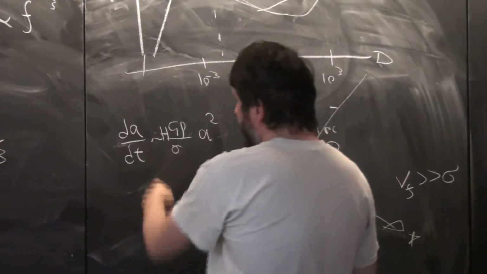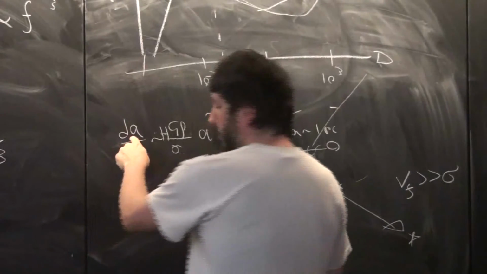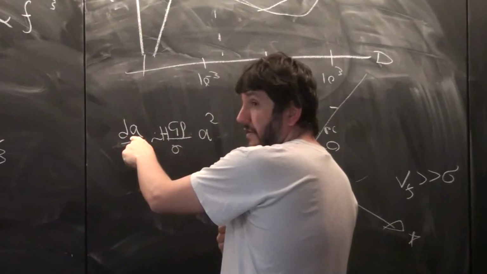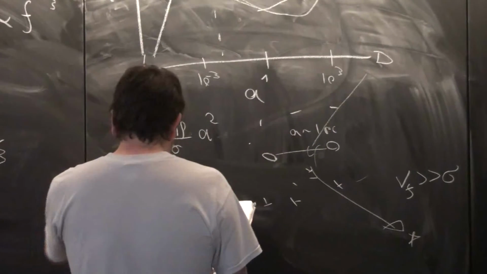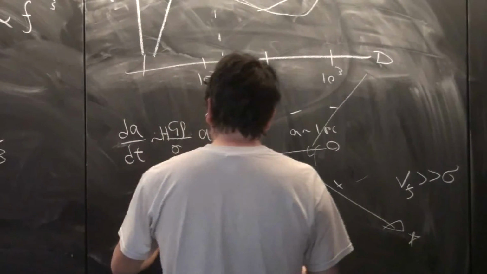Okay, so if you take this and you transform a into f, taking advantage of Kepler's third law, you find that df/dt is something that goes with f to the 1/3.